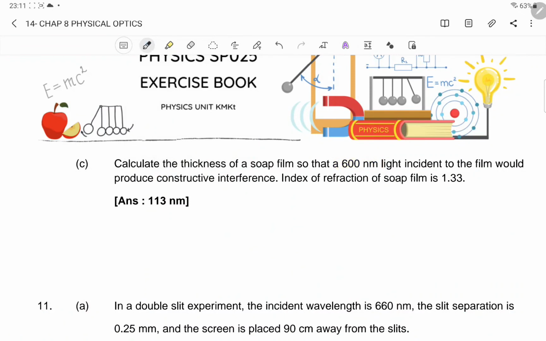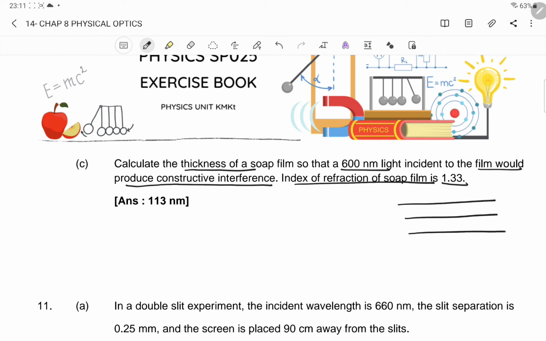Okay, cakap apa? Calculate the thickness of the soap film so that the 600 nanometer light incident to the film will produce constructive interference. The index of refraction of the soap film is 1.33. Okay, ingat soap film ni macam giant bubble. Okay, kita lukis. Dia ada apa?